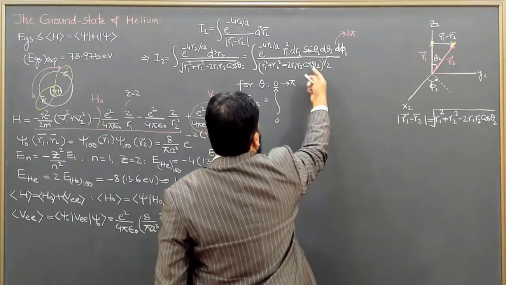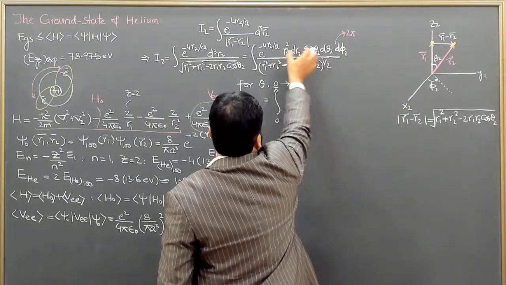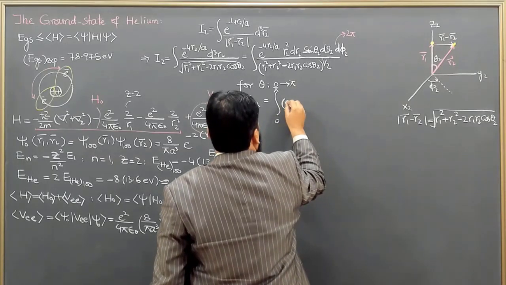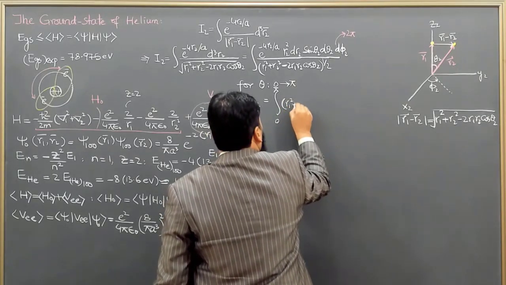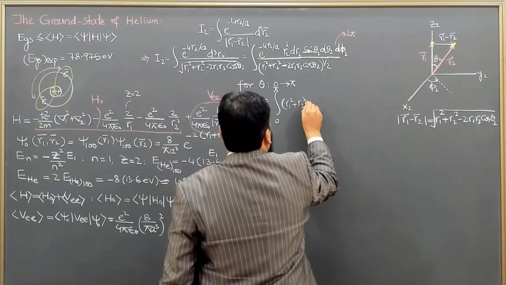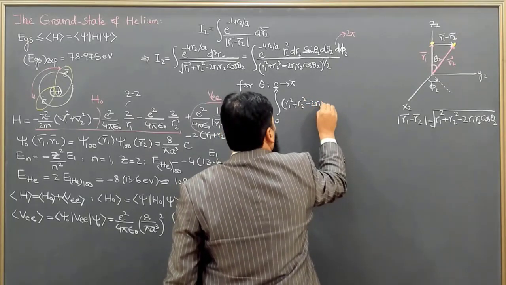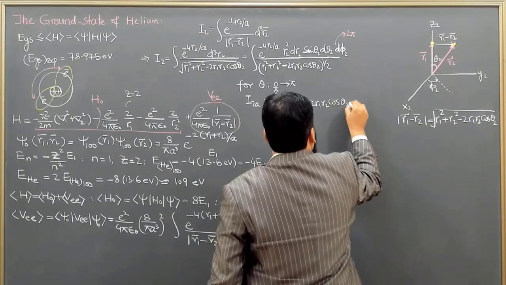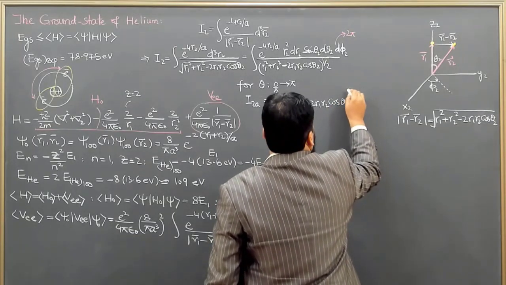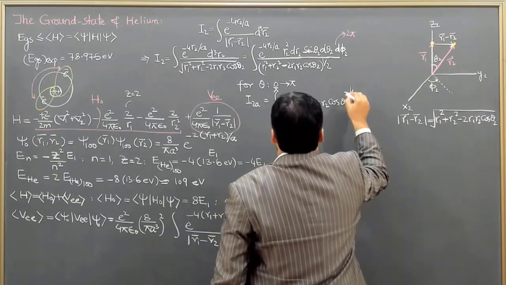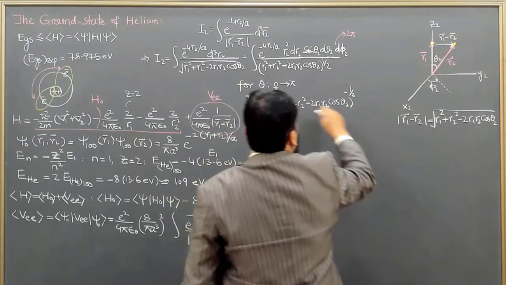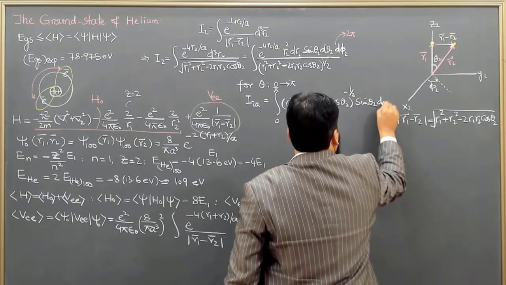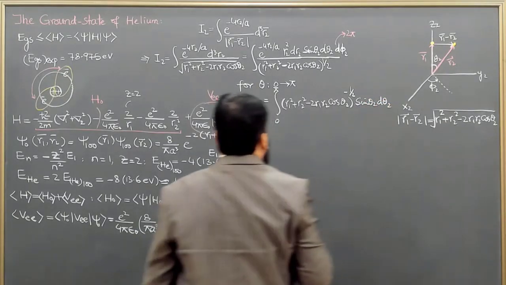So the r I will leave now, I will just go toward theta. So I will write this thing: r1 square plus r2 square minus 2 r1 r2 cos of theta 2, to the power minus half, the exponential term is not coming in here, and then sine theta 2 and d theta 2.